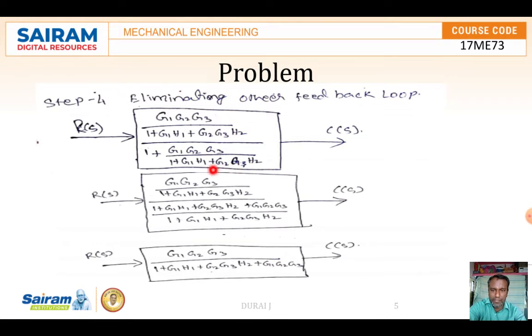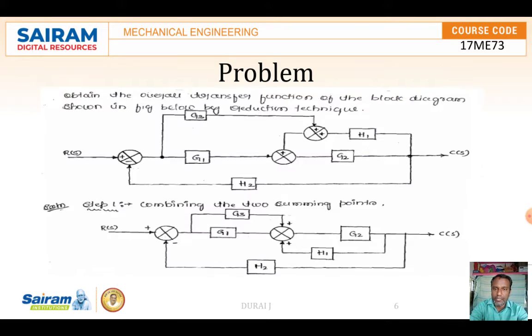It will be the same. After taking the LCM, the denominator gets cancelled. Finally, C of S by R of S is equal to G1 G2 G3 divided by 1 plus G1 H1 plus G2 G3 H2 plus G1 G2 G3. That is the transfer function of this particular problem.